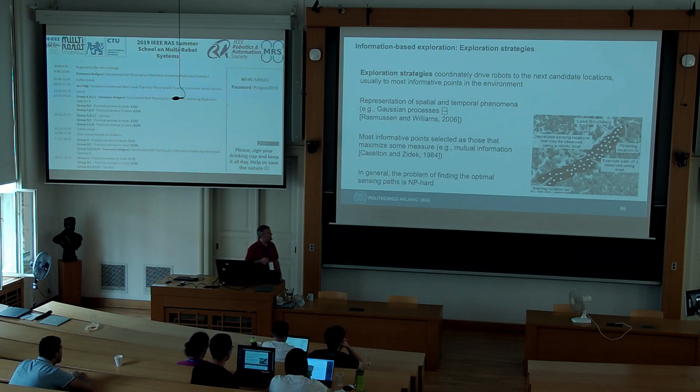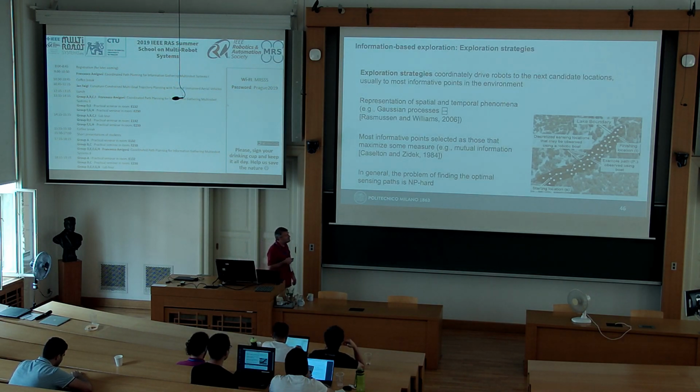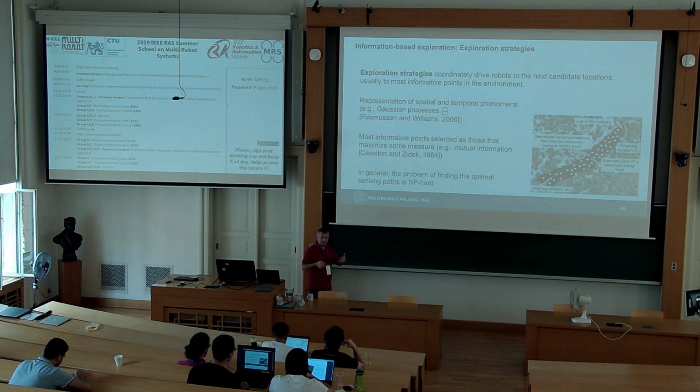One typical approach is to use this mutual information measure, I will explain it in one second. Or you can use different formulations of entropy for deciding which points are most informative. So it can help you to reduce the uncertainty that you have about your phenomena the most.